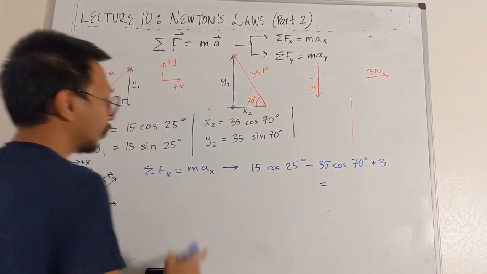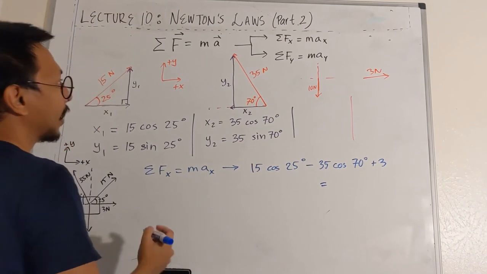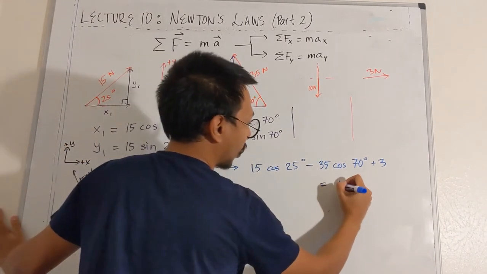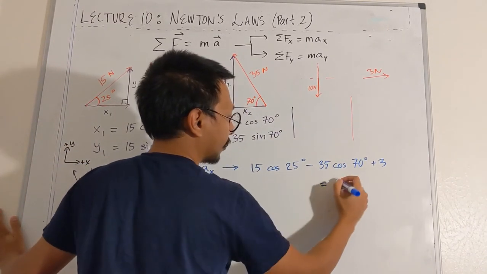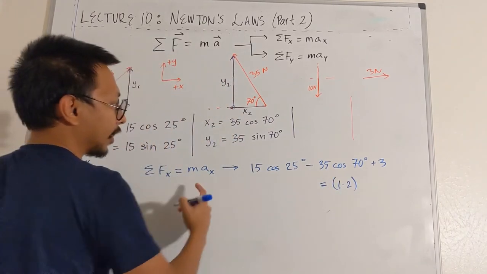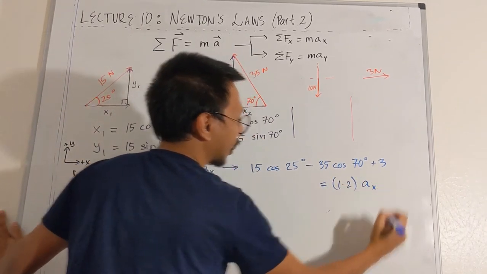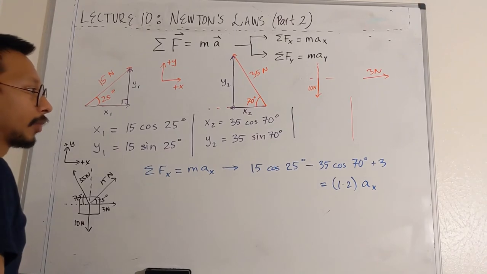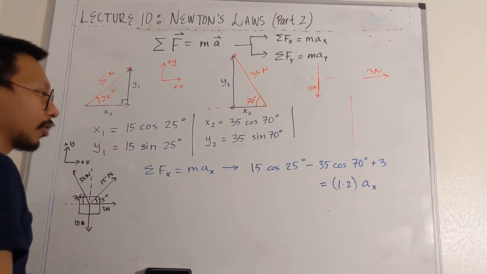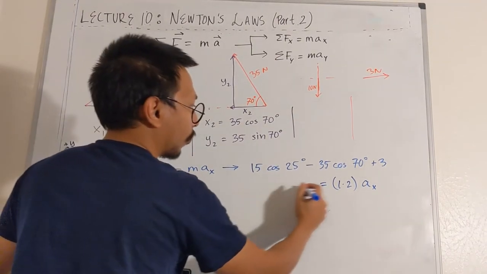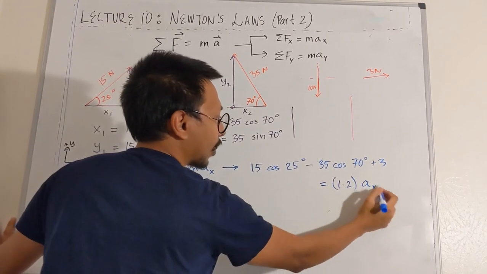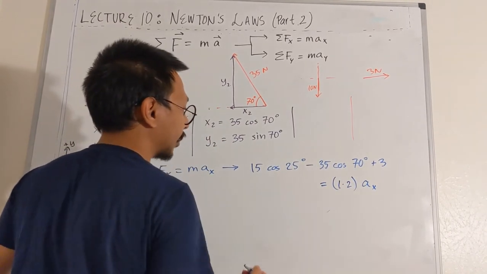This is equal to m times ax. The mass of the box was 1.2 kilograms times ax. We don't know the acceleration in the x direction. All right. So from here we can see that we have one unknown, which is the acceleration in the x direction.